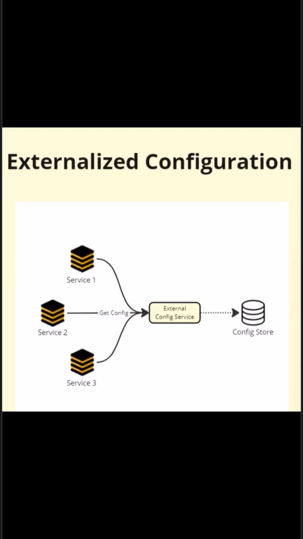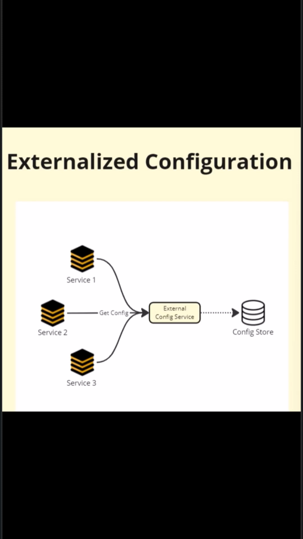In microservices, each service may have different configuration needs. External configuration is a design pattern where configuration settings are stored outside the codebase of the service. Instead of embedding configuration within a service, they are retrieved from external sources like environment variables, configuration servers, or files.